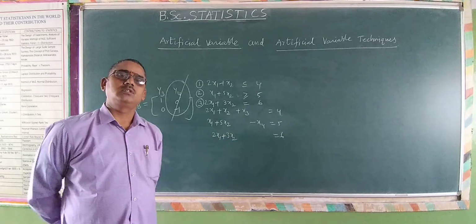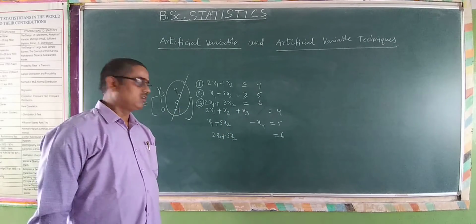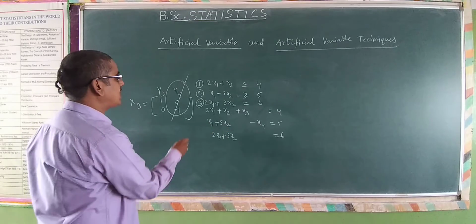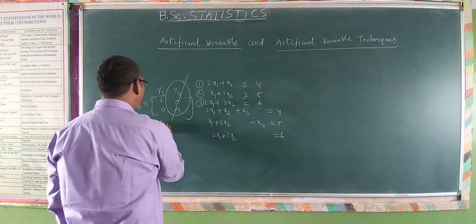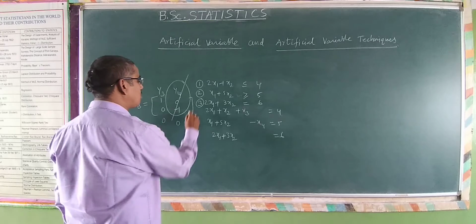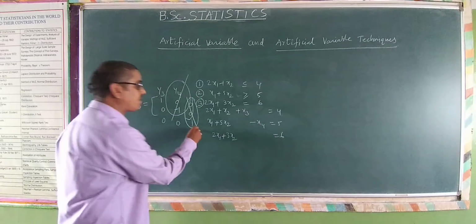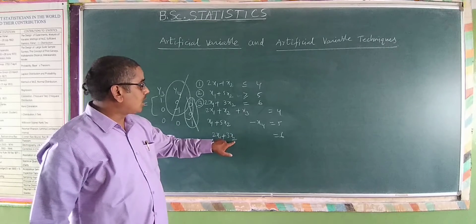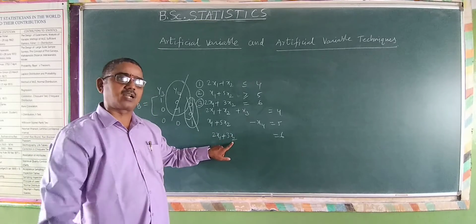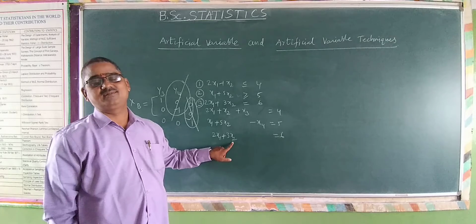No. That is the reason. As with the greater than or equal to constraint, the vectors 1 0 0, 0 minus 1 0, 0 0 1 should be available, but it is not available in the last constraint.